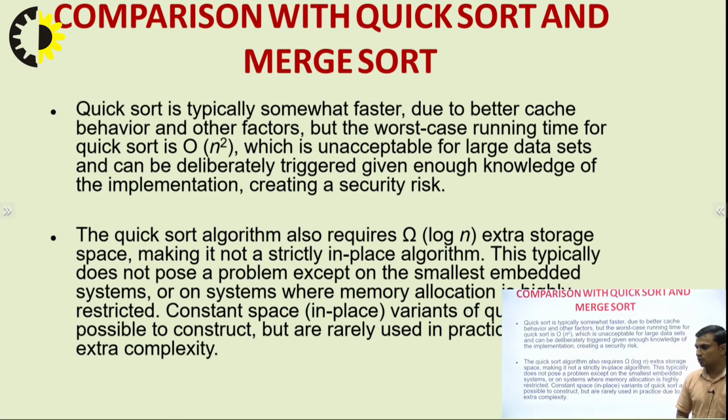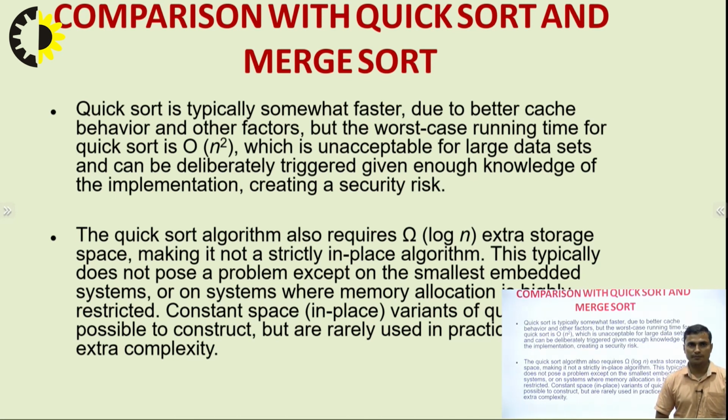Now there are two more sorting algorithms which have the same complexity, order of n log n. Those are merge sort and quick sort. Now when we talk about quick sort, it sometimes performs better than heap sort, but in general the worst case of quick sort is order of n square, whereas for heap sort the worst case, best case and average case all have order of n log n time complexity.